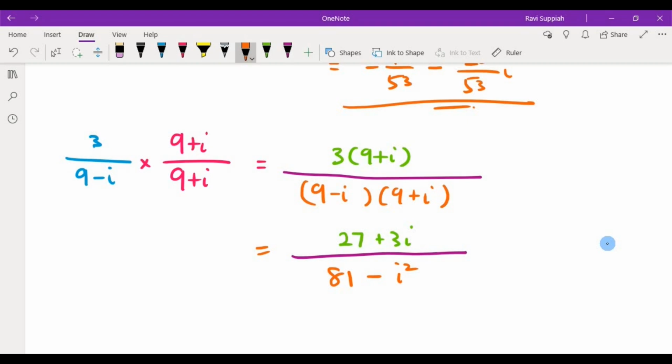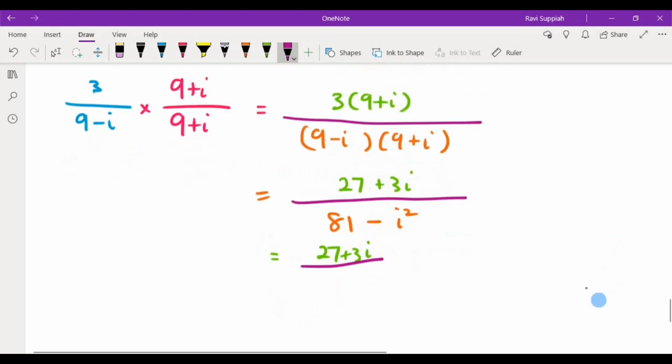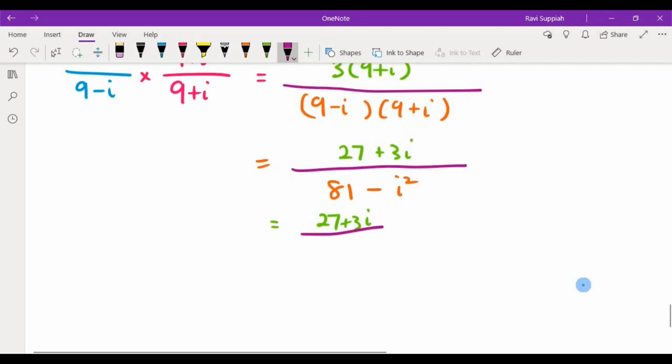So next I have 27 plus 3i divided by 81. i squared is minus 1, so minus of minus is plus 1.